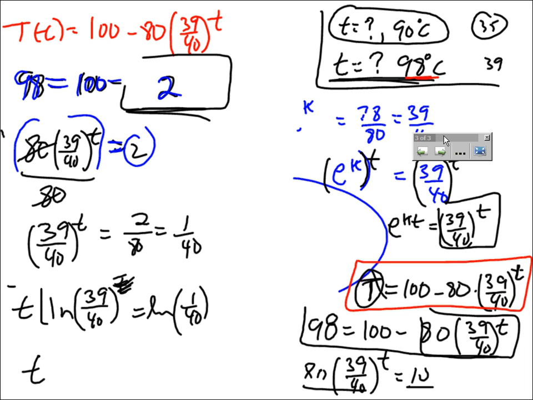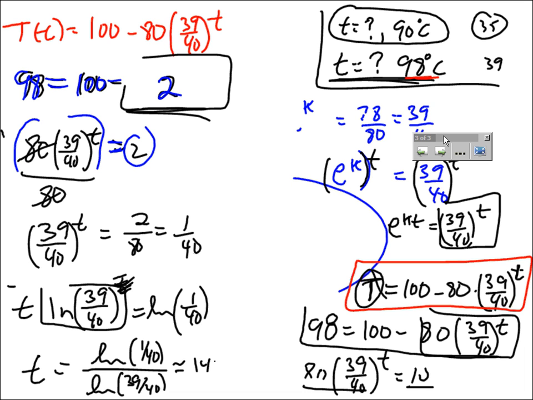Dividing both sides by this amount, the left side will just give me t, and the right side will give me ln of 1/40th divided by ln of 39/40th. And that exact answer is fairly close to 145.7 seconds.